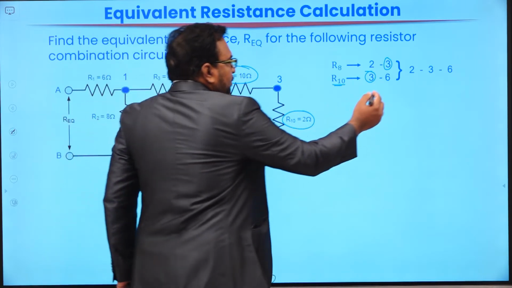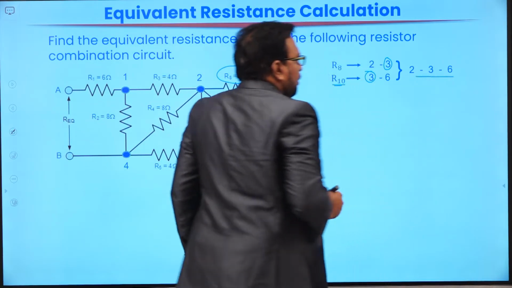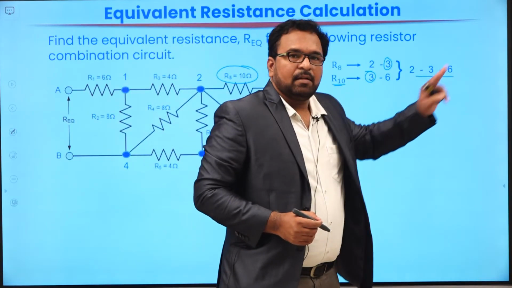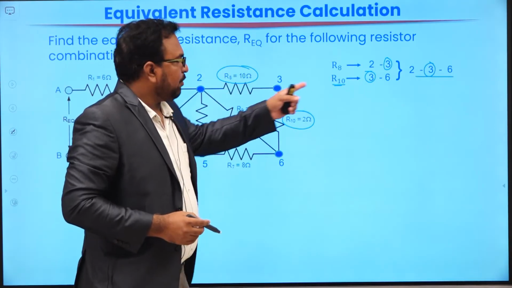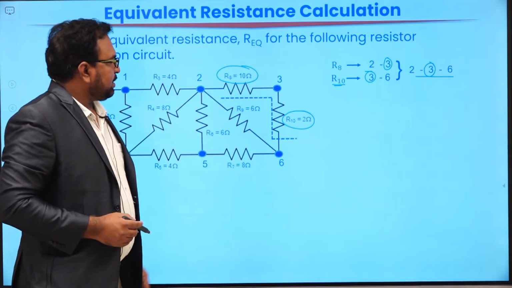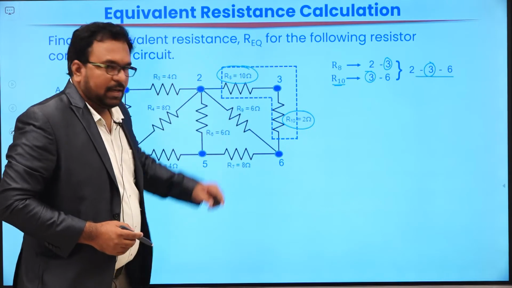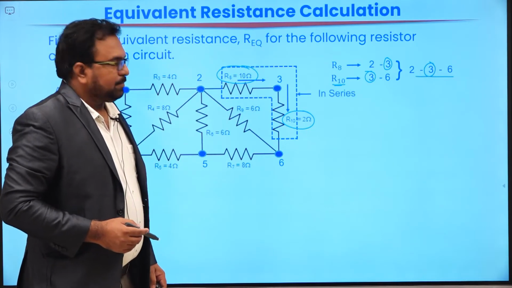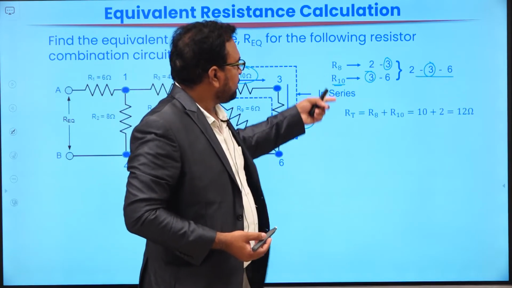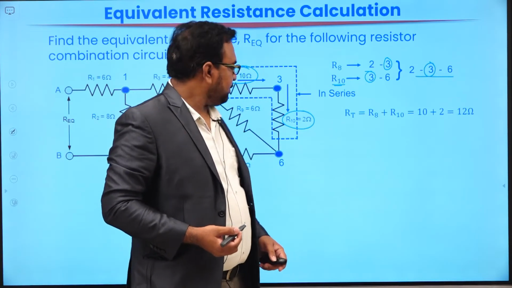Or if there are 3 nodes involved, when two resistors are connected between 3 nodes, then we say those two are connected in series. So the resistors R8 and R10 are connected in series. When they are in series, what is the equivalent resistance? The addition of the two resistors, R8 plus R10, so a 12 ohm resistor.